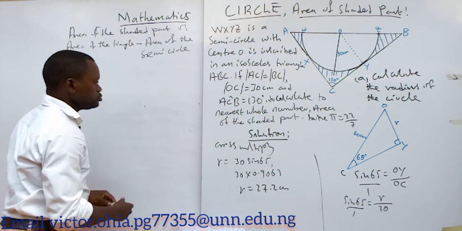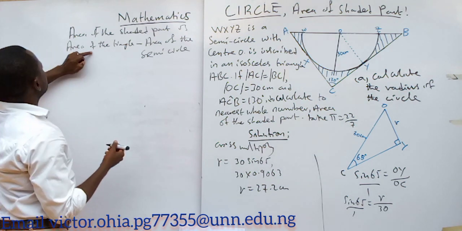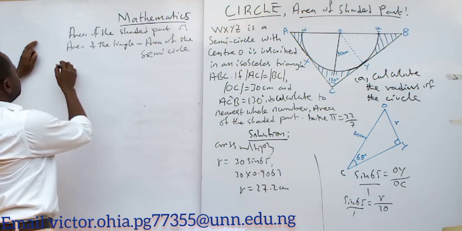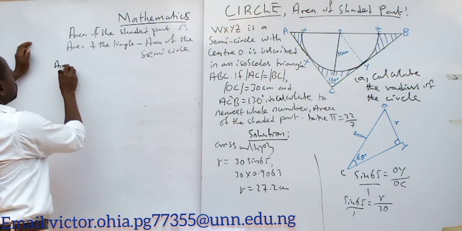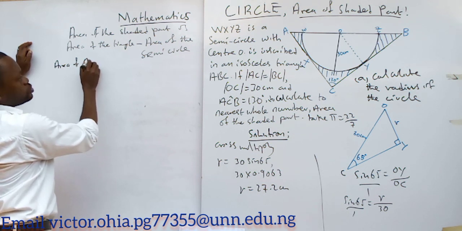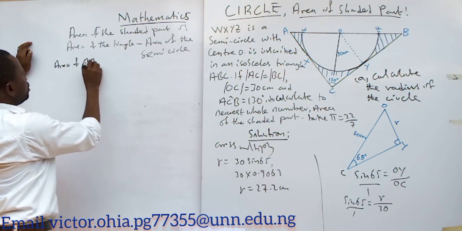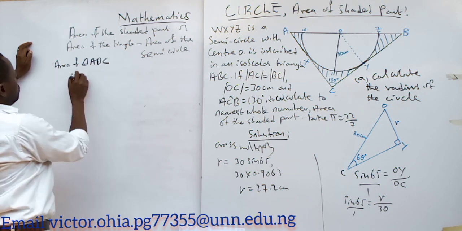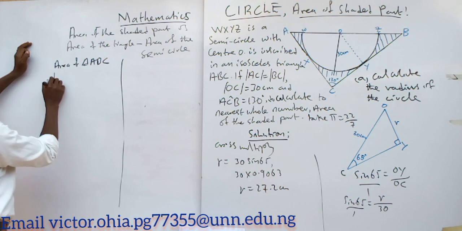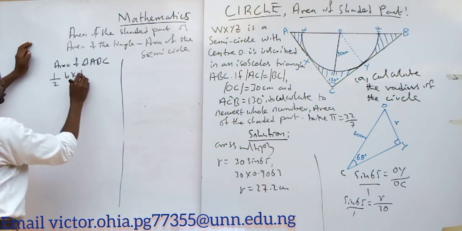Now let's start with area of the triangle. Area of triangle ABC will be equal to half base times height.